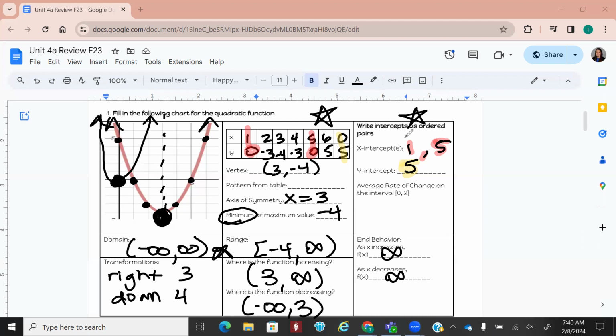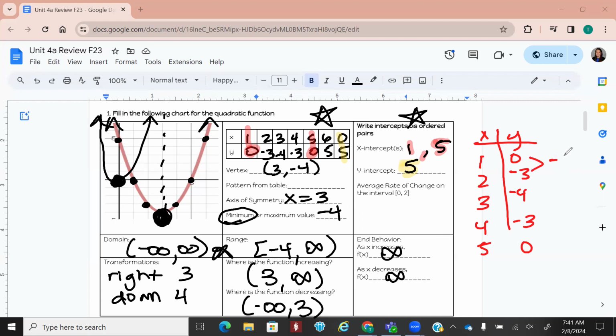Now, when it says pattern from the table, it's asking for the second difference. I'm going to do it off to the side so it's not super bunched up. From 0 to -3, how much of a difference is that? -3. And then from -3 to -4, how much of a difference? Okay, and -4 to -3, it's 1, right?